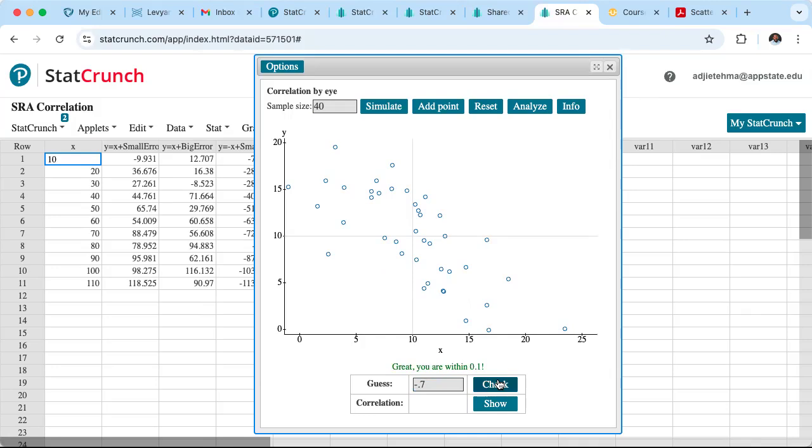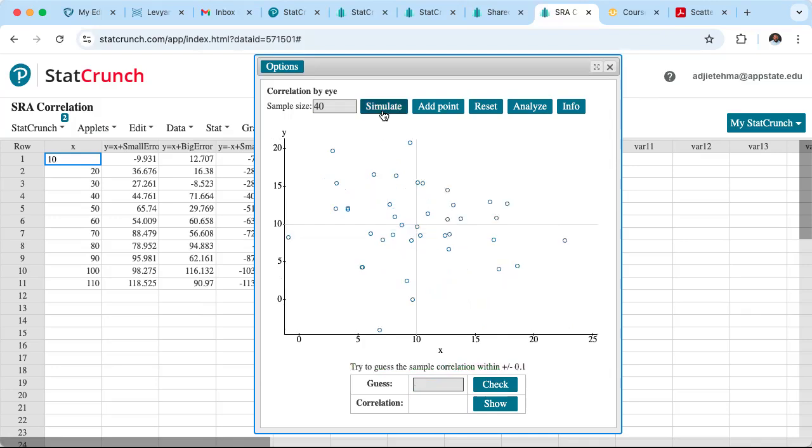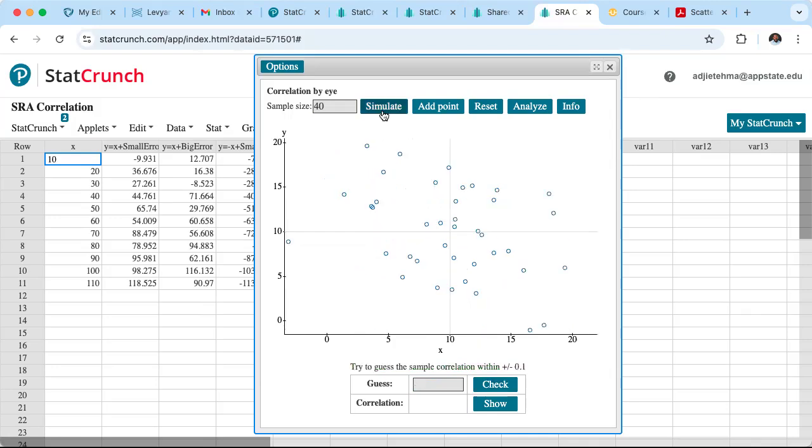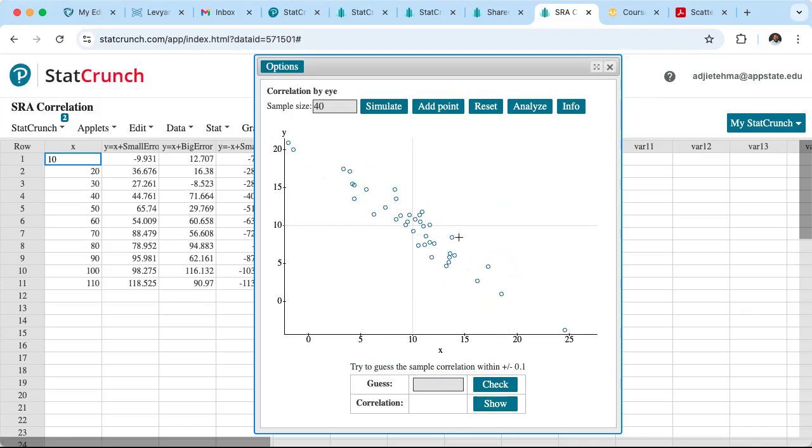Do we see that? So you can just be simulating and then be guessing. How about this one? Negative 0.9. I'll try maybe negative 0.95 because I see it's very strong, right? Negative 0.95. Oh, yeah, we got it. So that is how to play.